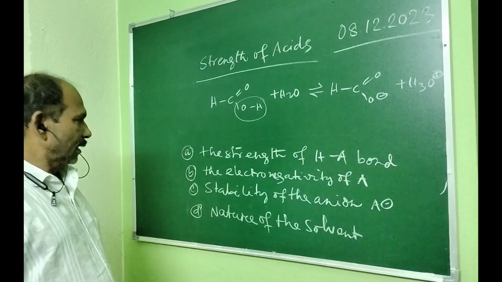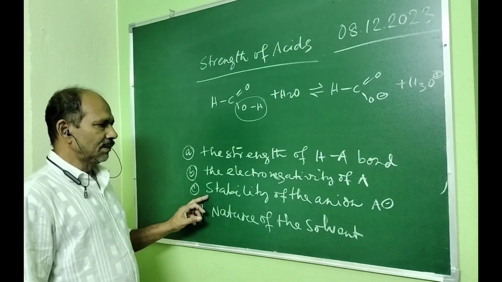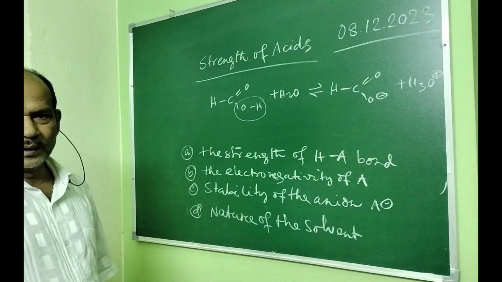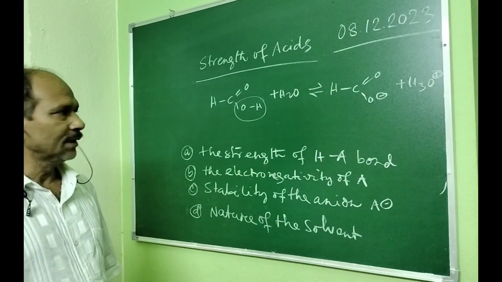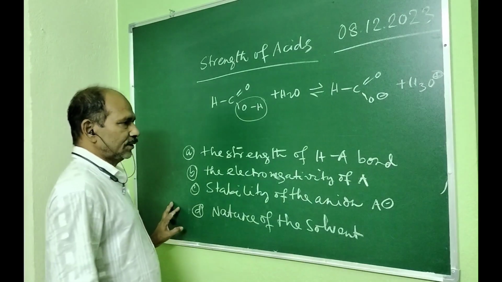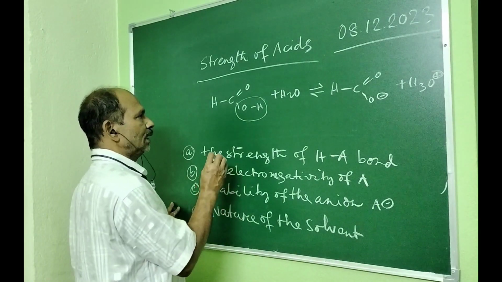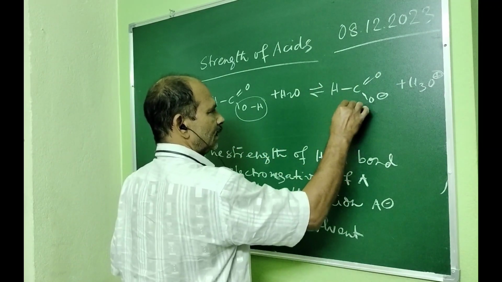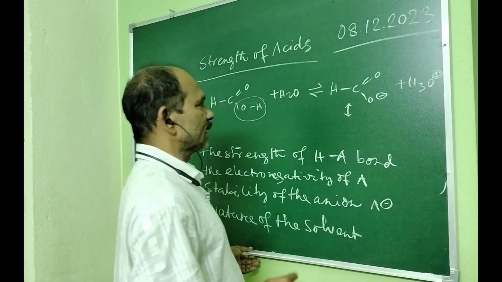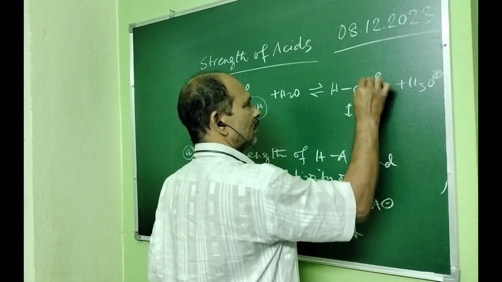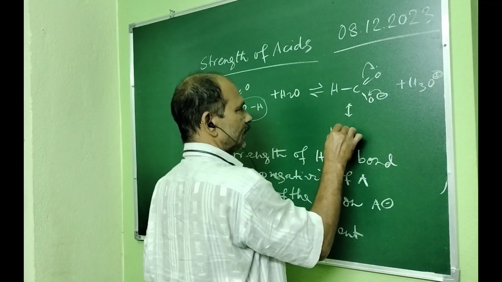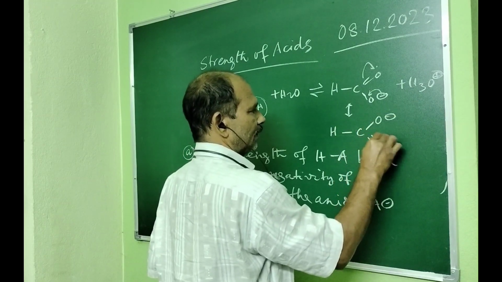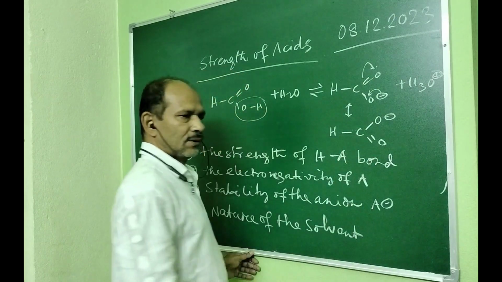You see here the stability factor, that means the stability of the anion, predominantly affects the acidity of the acid. Why? Because here HCOO minus has two equivalent resonance structures.